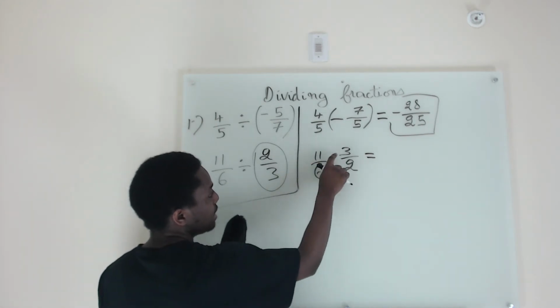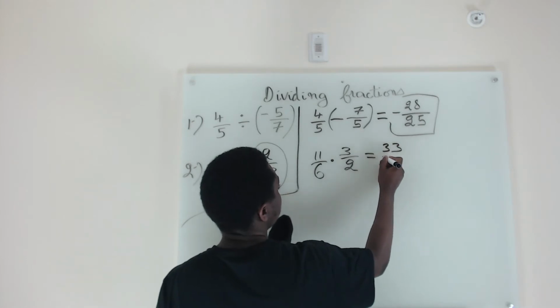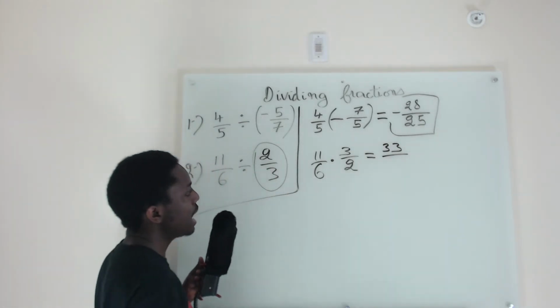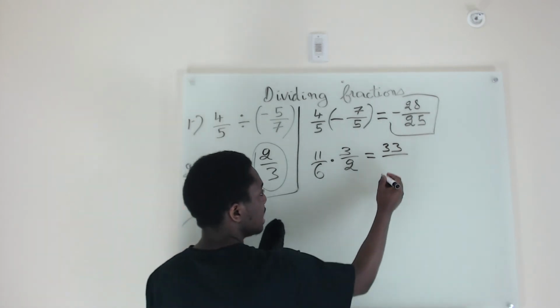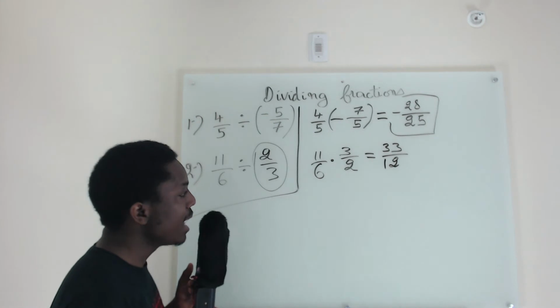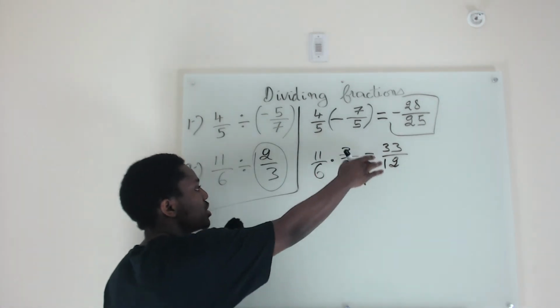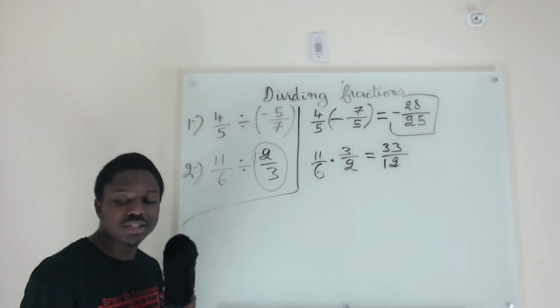So 11 times 3 is equal to 33. And now 6 times 2 is equal to 12. However, when you have a fraction, you always have to simplify the fraction.